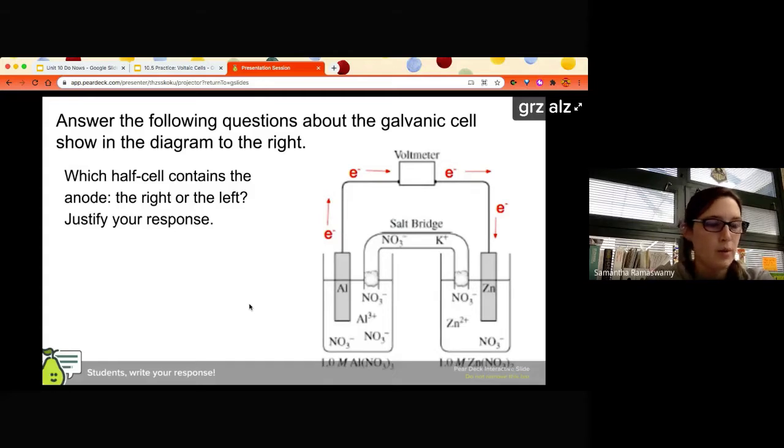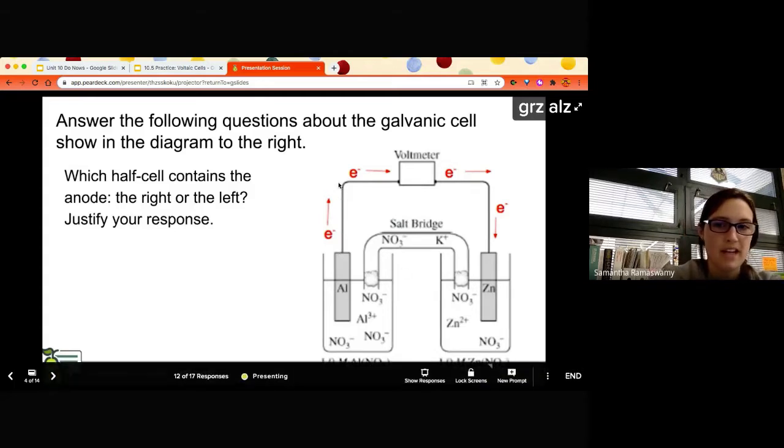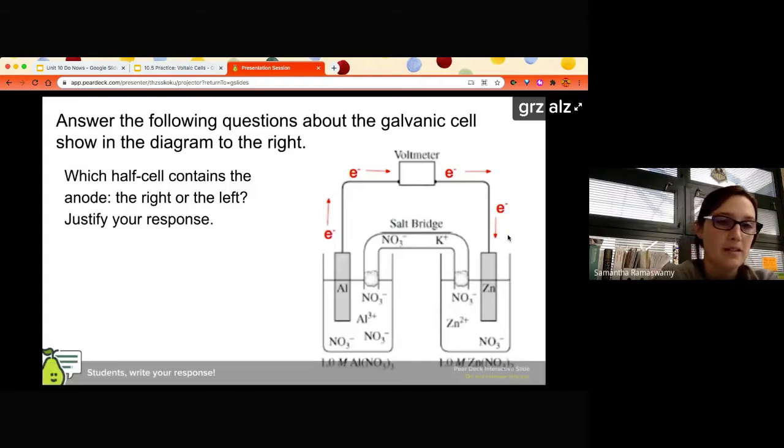So a lot of people are noticing what's in red here, right? The electron flow. So check your notes. Which way do the electrons flow? They flow from something to something.